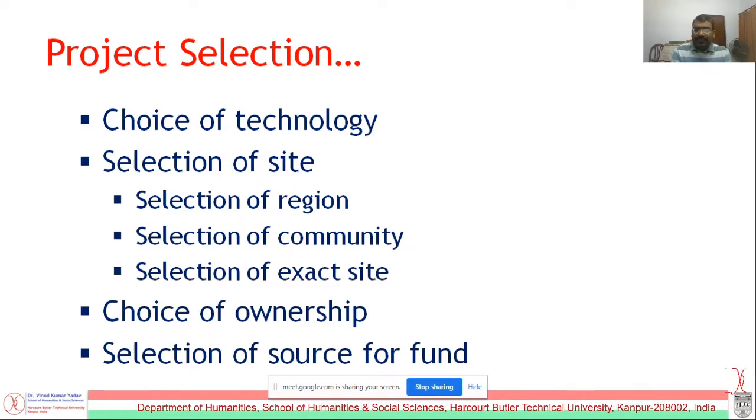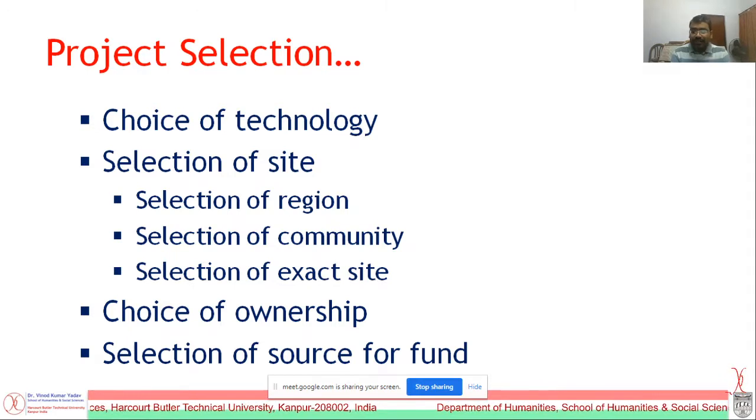Choice of technology is one point for your identified business. Selection of site, that means location. This is a very important area where you have to select the location for your identified business. So we will take this up in today's lecture.